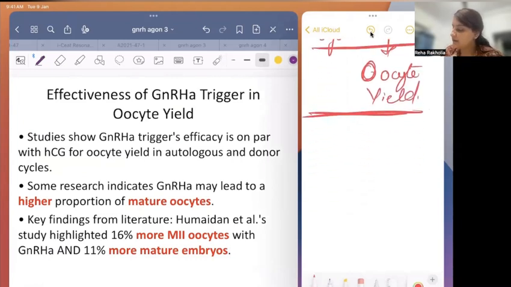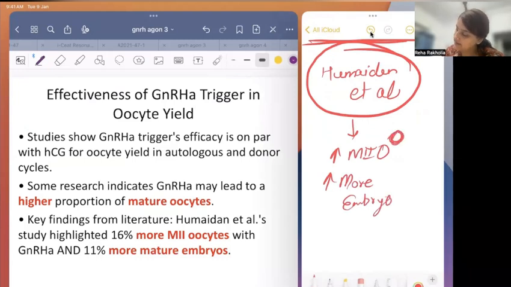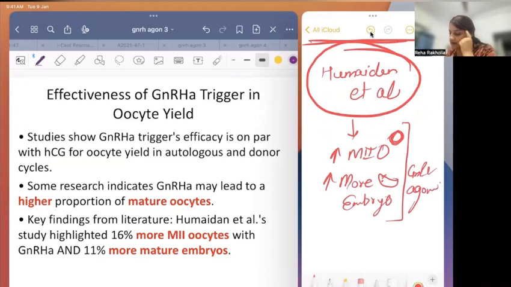But in one study by Humaidan et al., M2 oocytes and embryos were more in the GnRH agonist trigger.